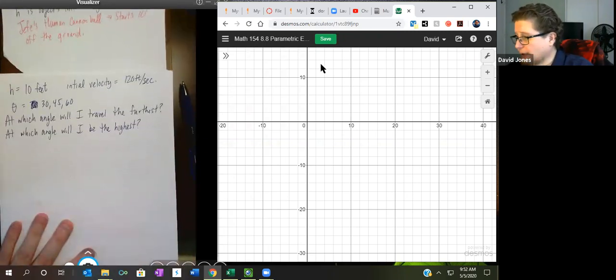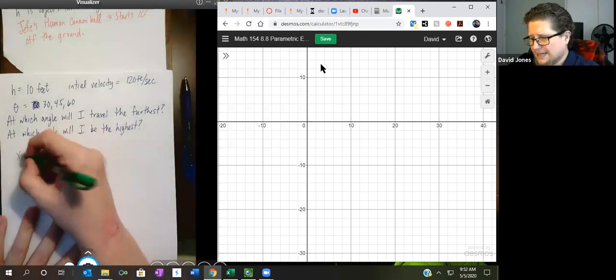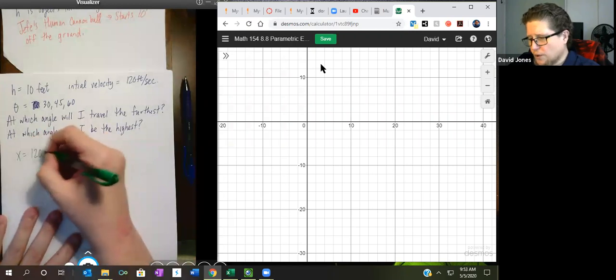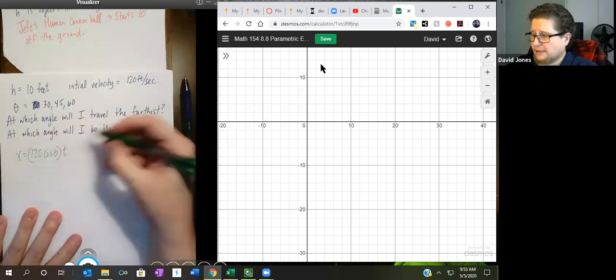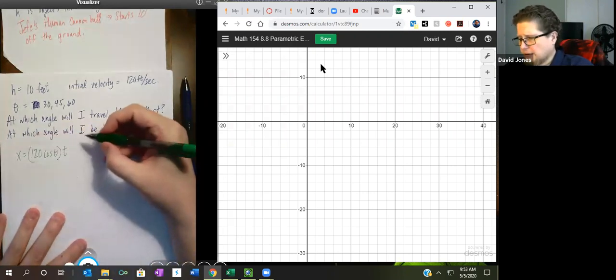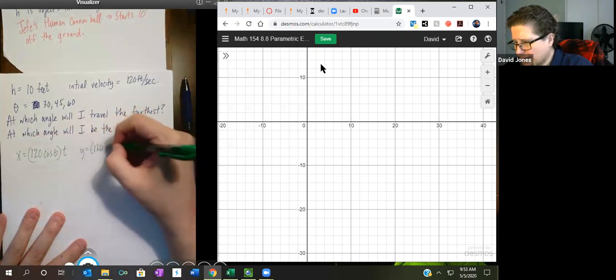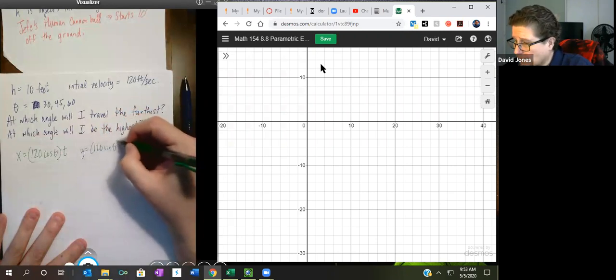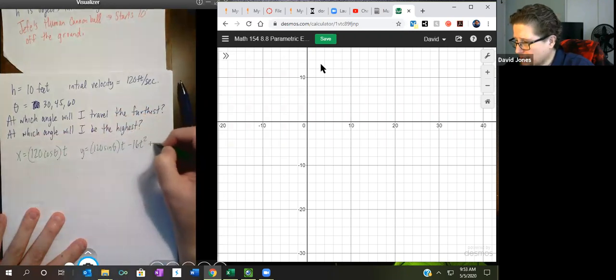So let's see what we got here. Let's look at our equations. We've got x equals 120 cosine theta times t. Y equals 120 sine theta times t minus 16t squared plus 10.